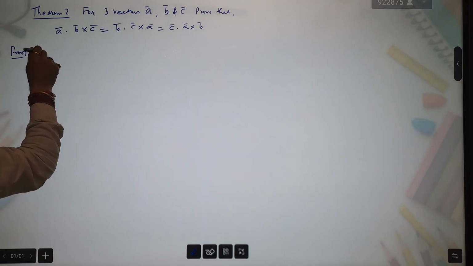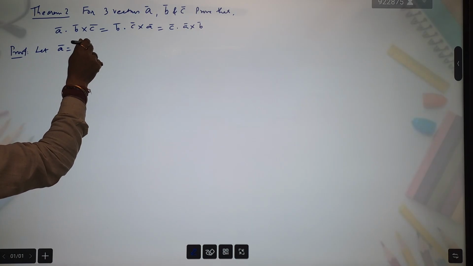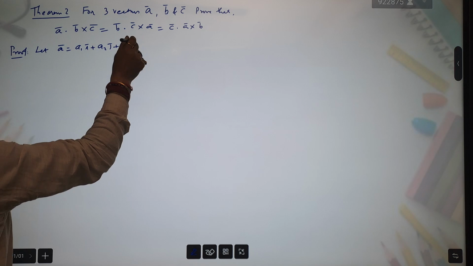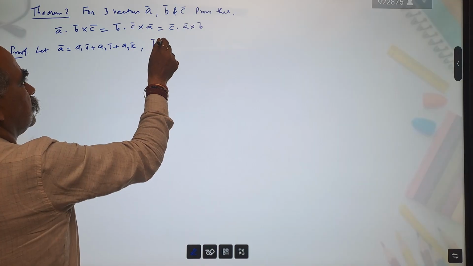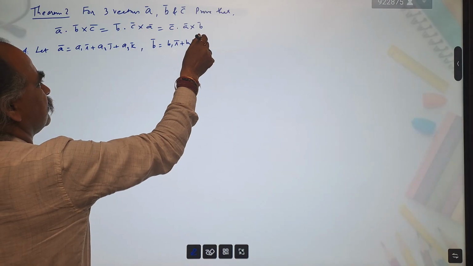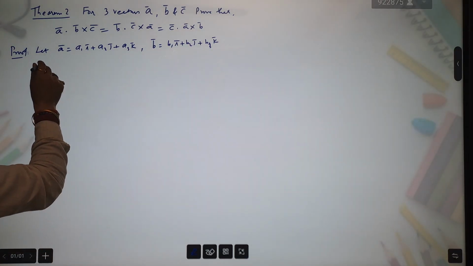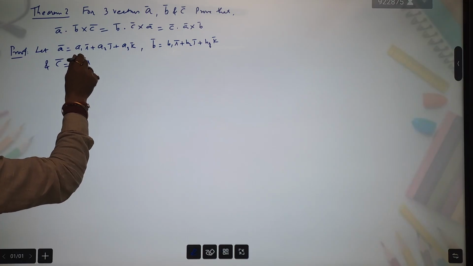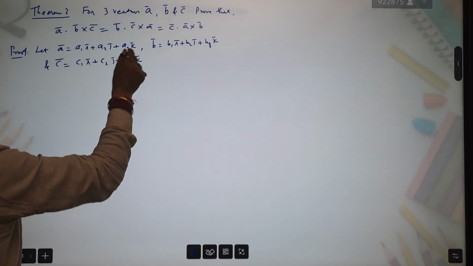Let A bar be A1i plus A2j plus A3k, B bar is equal to B1i plus B2j plus B3k, and C bar is equal to C1i plus C2j plus C3k.